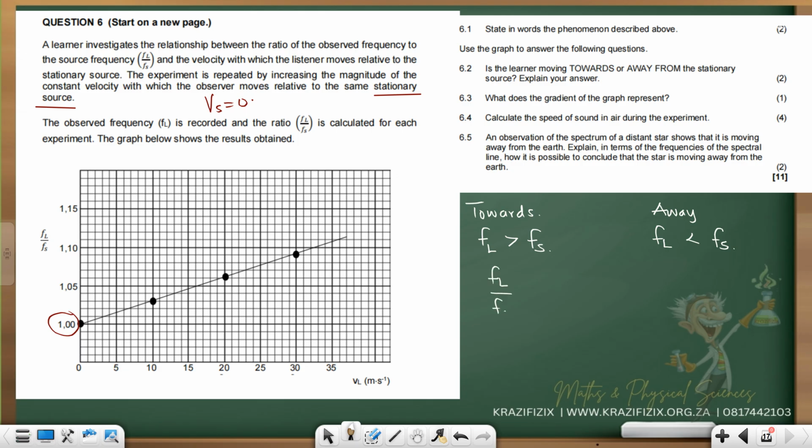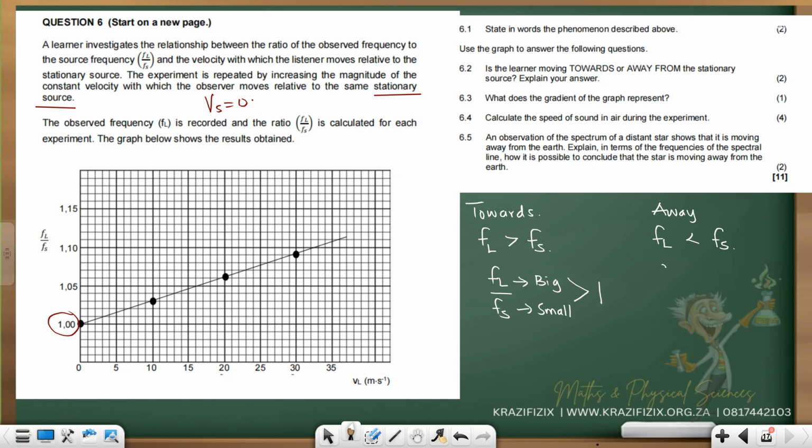FL over FS: this value is big and this value is small, so your answer will be greater than 1. Put any number: 4 over 3 is 1.33, because the bigger one is on top. So my FL over FS should be above 1. Can you see your graph is above 1?